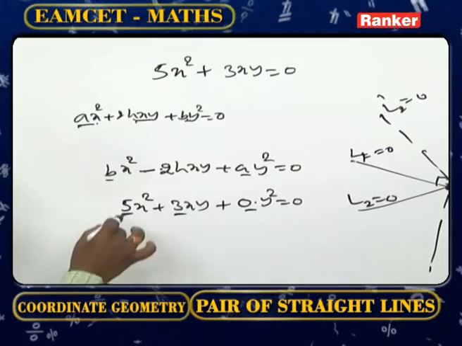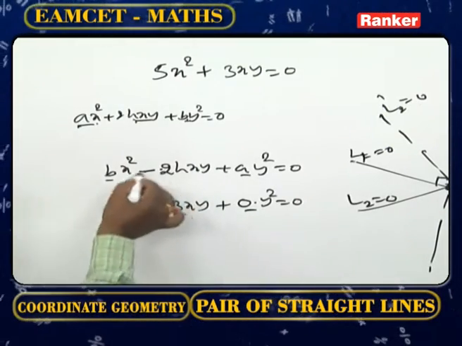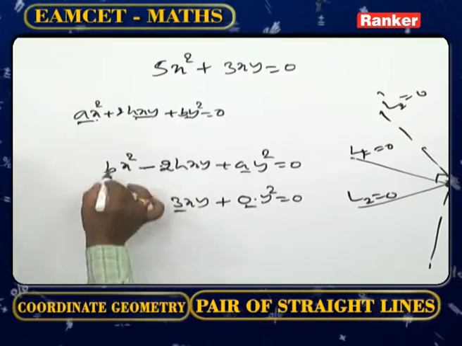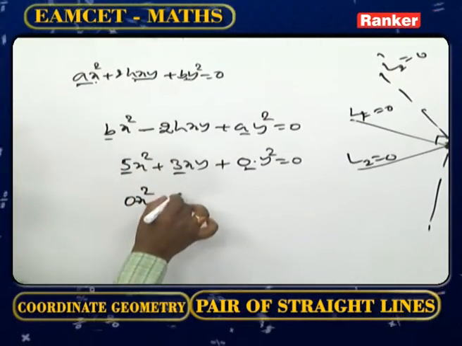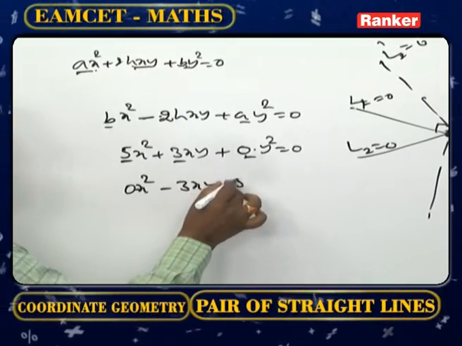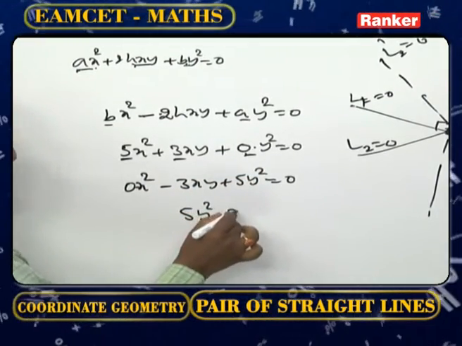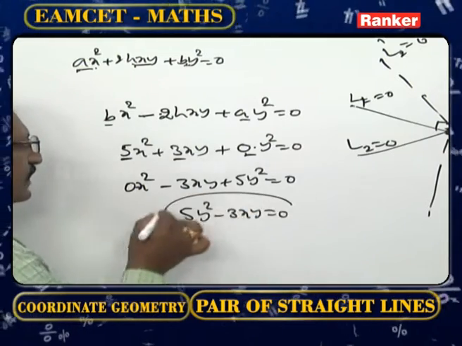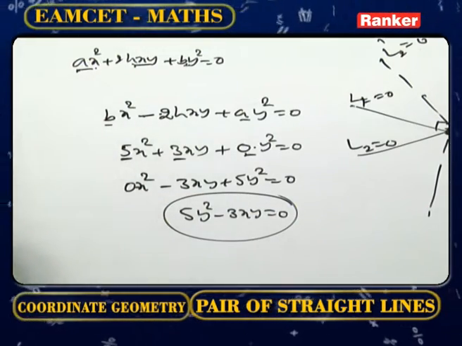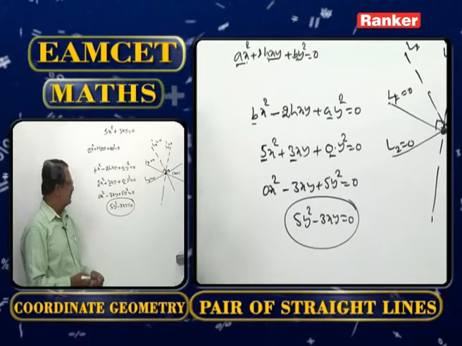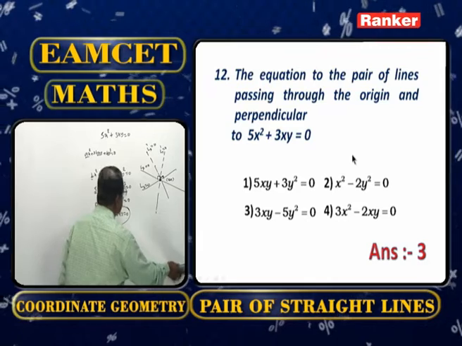Now, just substituting we get 0x square minus 3xy plus 5y square equals to 0. Now, 5y square minus 3xy equals to 0 is the required equation of the pair of lines passing through origin and perpendicular to given pair of lines. Then option is 3, 3xy minus 5y square equals to 0.